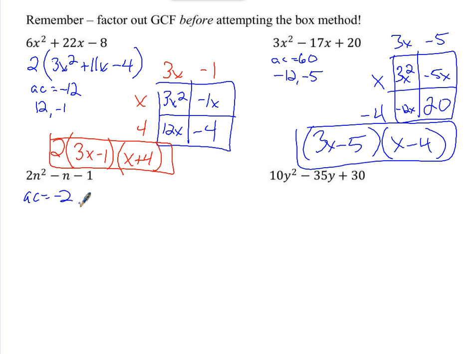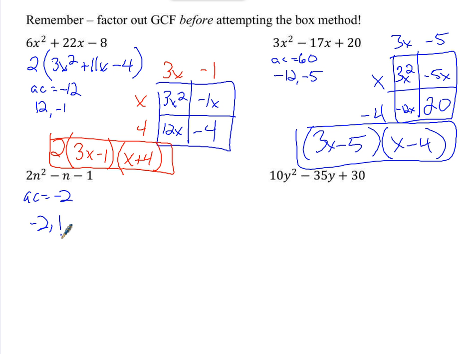There's really only a couple options here. So if we try 2 and negative 1, 2 and negative 1 do multiply to give me negative 2. But positive 2 plus negative 1 gives me a positive 1 here. So that one doesn't work. It has to be the opposite signs. Negative 2 and positive 1.